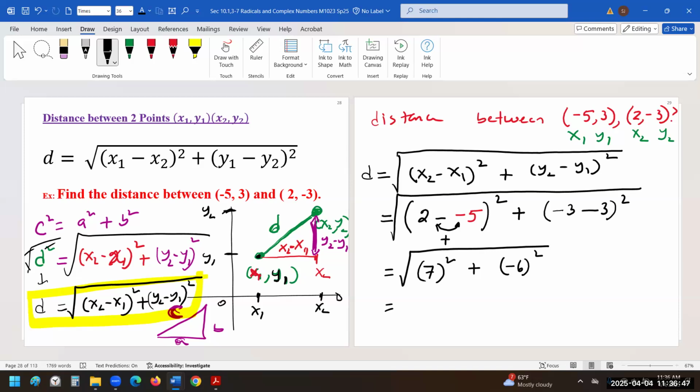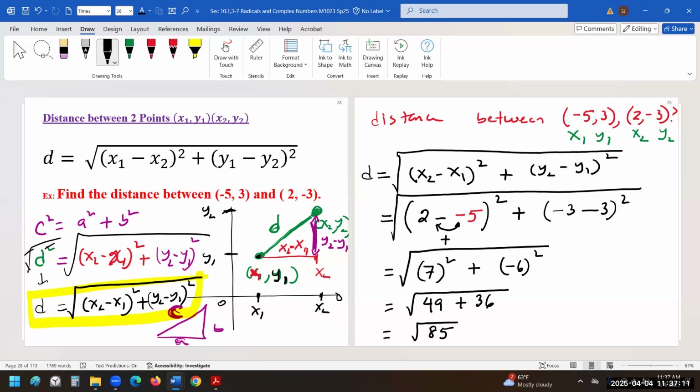Only in multiplication they cancel out, not in addition or subtraction. That means we have to write them down. How much are they? What is -6 squared? +36. And then you add them. 49 plus 36 is 85.